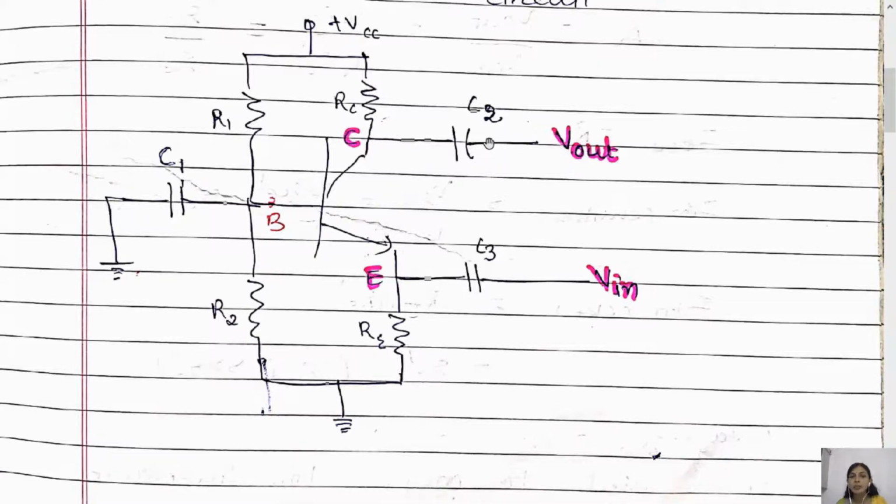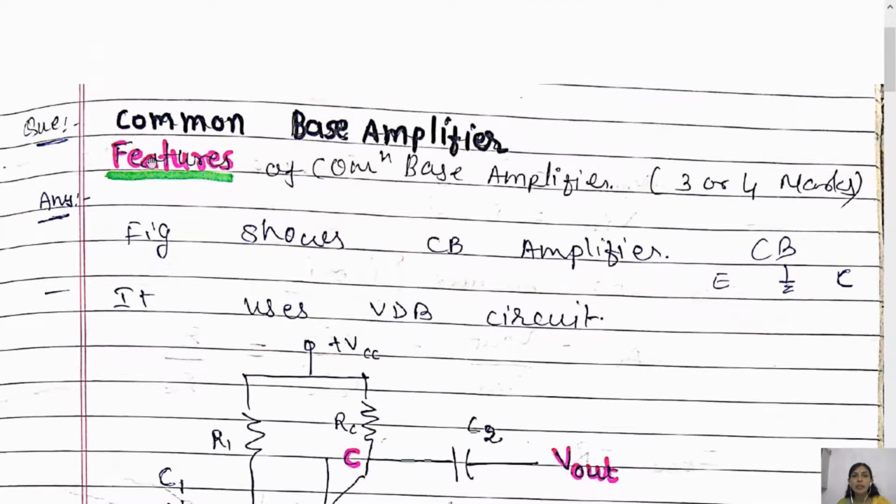That means input is applied to the emitter and output is collected from the collector. So input and output signals are coupled via capacitors. C2, C3 are known as the coupling capacitors. Okay, fine. So this is the DC biasing circuit of the common base amplifier.